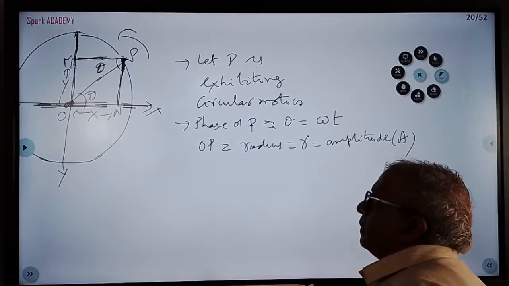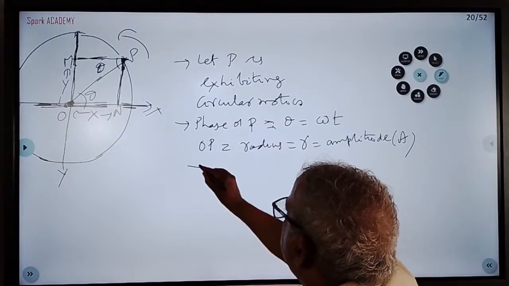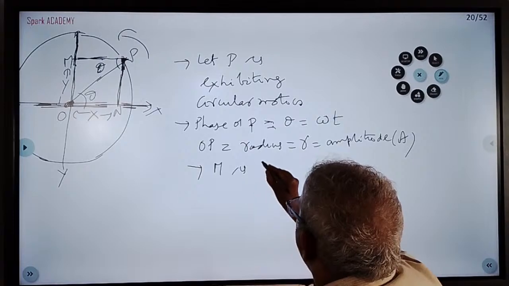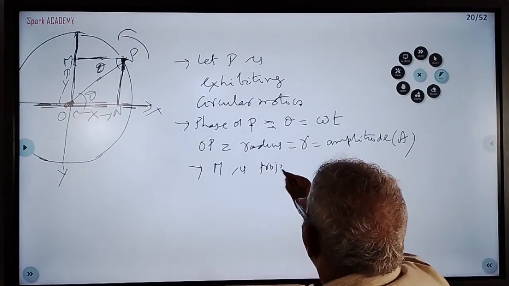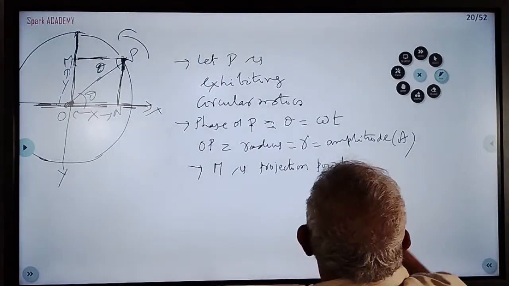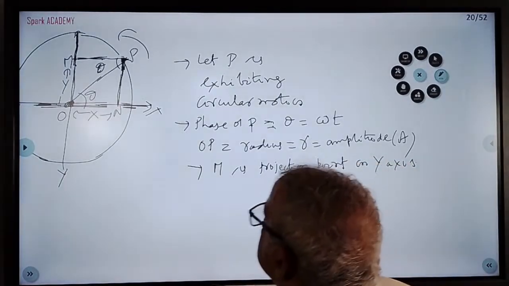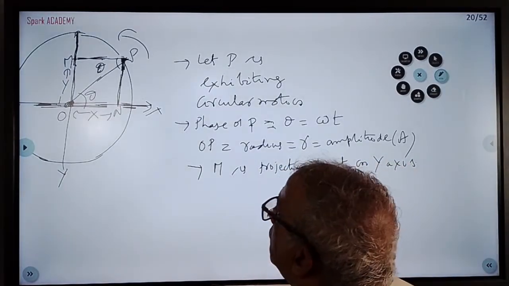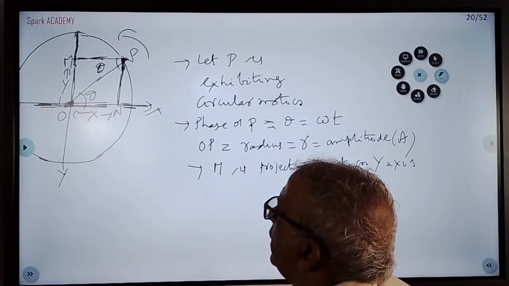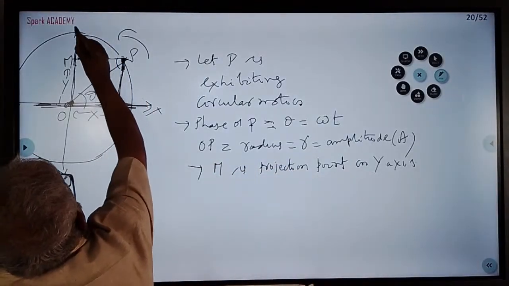Now, as P makes circular motion, M is the foot of the perpendicular, the projection point on the y-axis. As P completes one rotation along the circle, P completes one oscillation along the diameter Y Y dash.